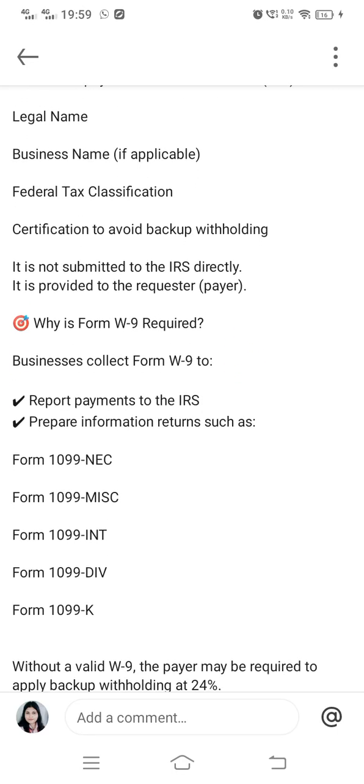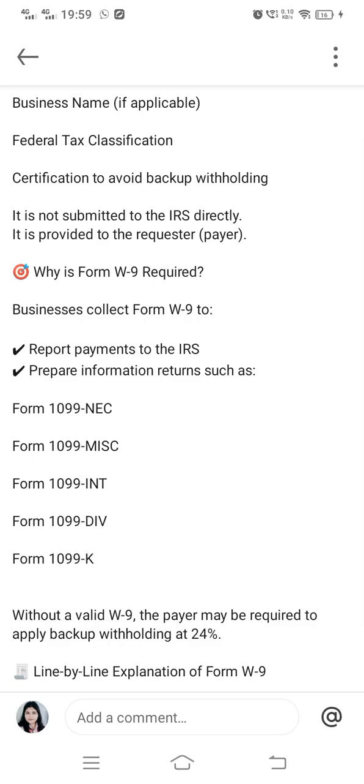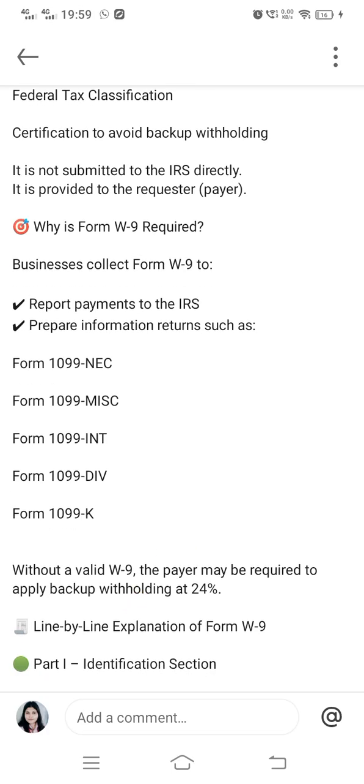Businesses collect form W-9 to report payments to the IRS and prepare information returns, such as form 1099-NEC, form 1099-MISC, form 1099-INT, that is interest, form 1099-DIV, that is dividend, and form 1099-K.